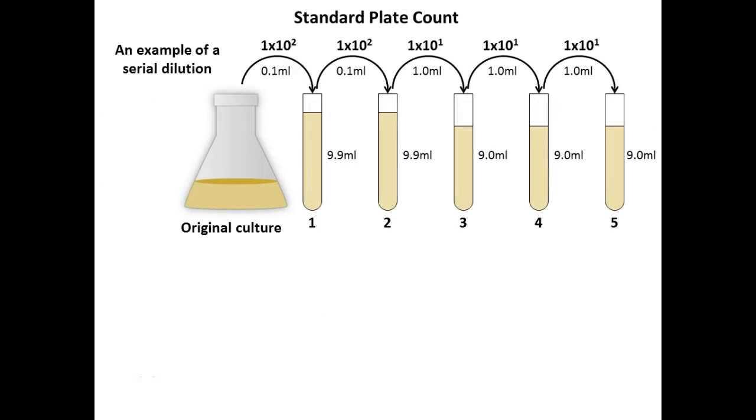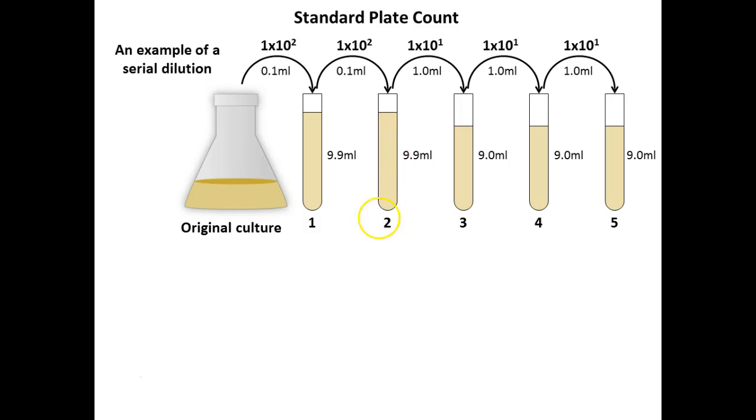All right, so here's an example where they moved from the original culture, 0.1 milliliters into 9.9, which is a 100-fold dilution. Then they continue with another 100-fold dilution. Then they did a 10-fold, 10-fold, 10-fold dilution. But remember, if you do 100 here and you move from here to here, this is a combination of 100 by another 100, right?